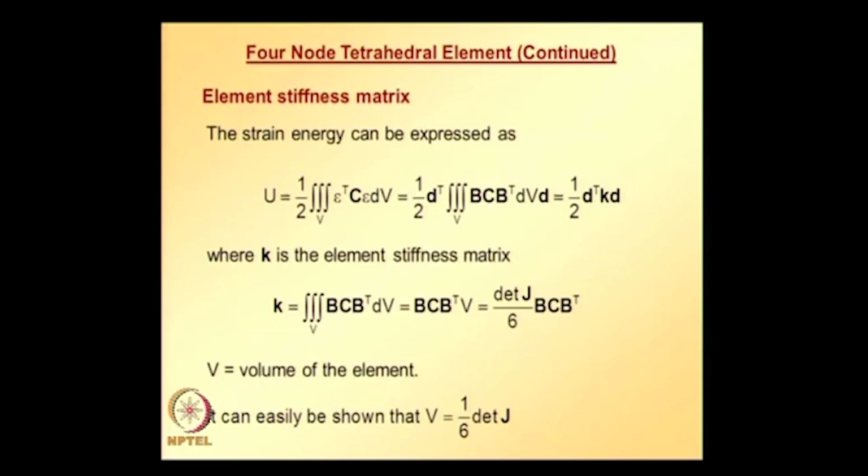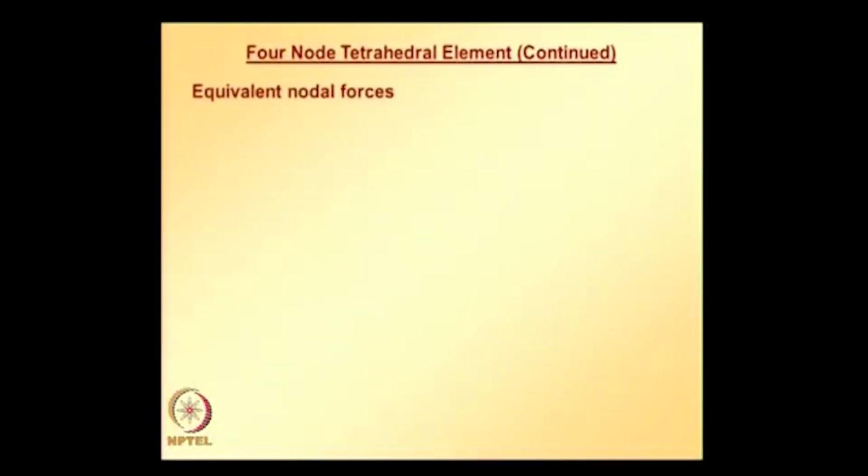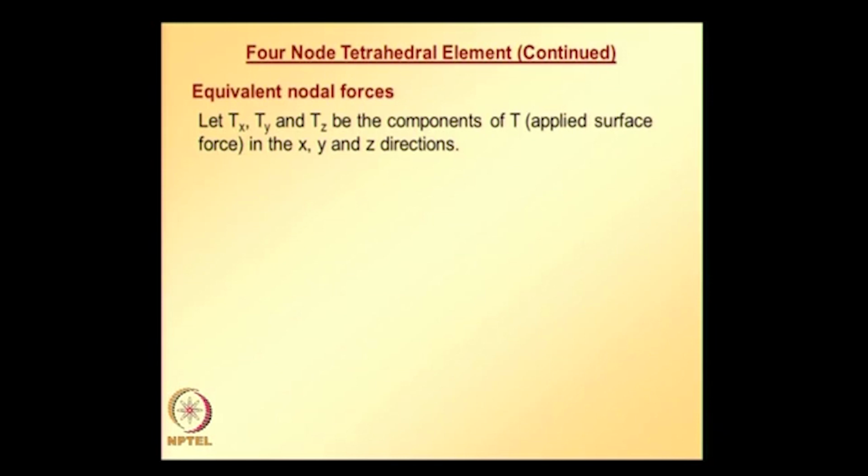So, we are ready, except that we do not know what is force vector. So, now let us look at equivalent force vector. Equivalent nodal forces, let Tx, Ty, Tz be the components of traction applied in x, y, z directions.